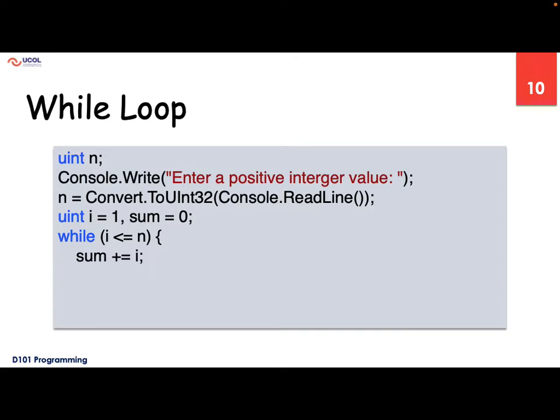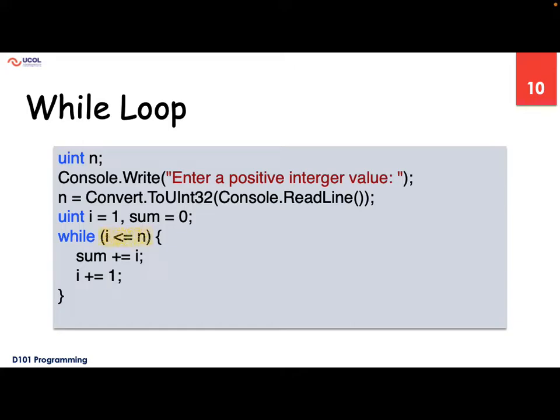Sum plus equal to i, we are adding the value of i, which is 1 right now, into this sum value, and then we are increasing the value of i by 1, and we can also say i plus plus, the increment operator. The purpose is that we want to increase the value of i by 1. i plus plus or i plus equal to 1, they are doing the same thing, or plus plus i, does not matter. Here you put a post increment or pre increment, does not matter.